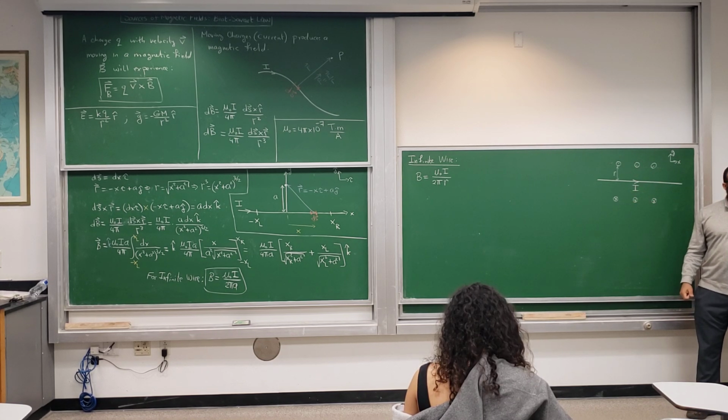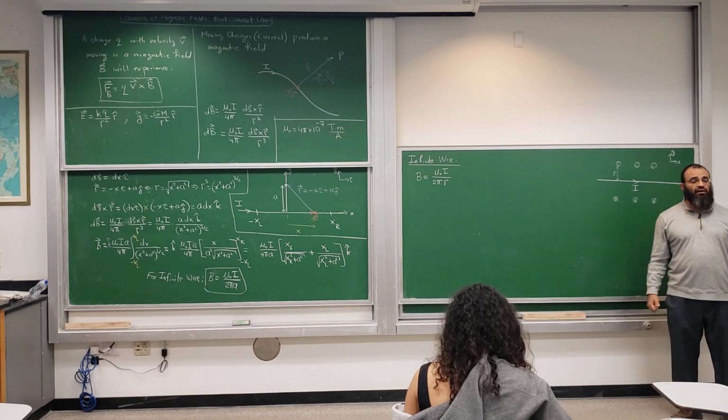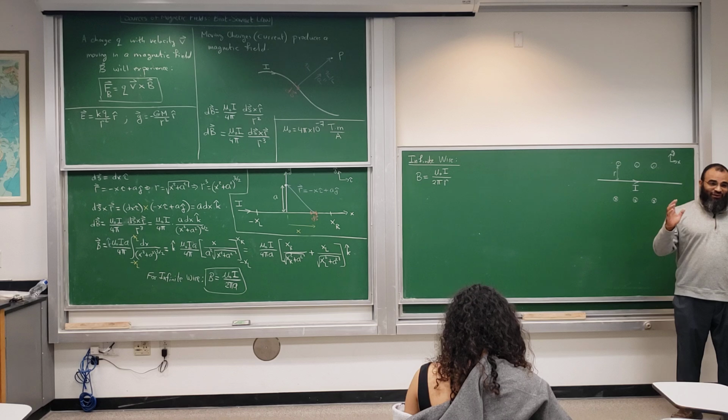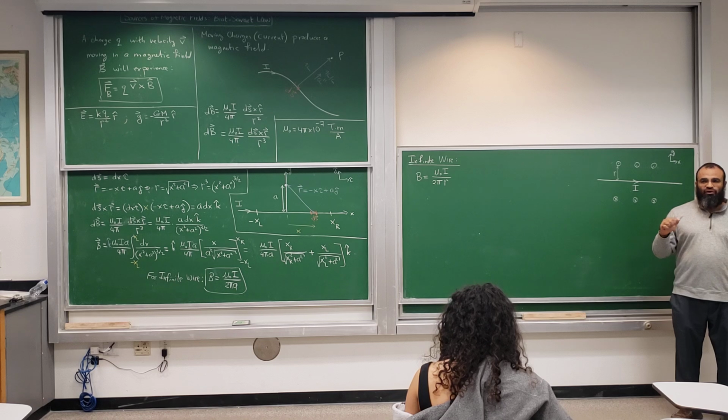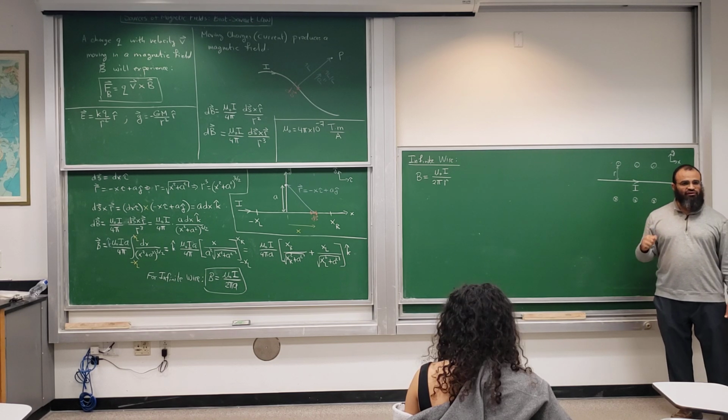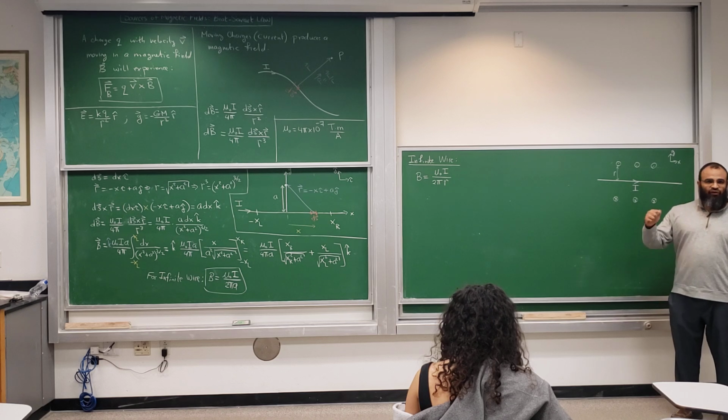So here's one way, there is another right-hand rule. There is the right-hand rule that you use to calculate cross products, but this one is how to use your right hand in order to figure out the direction of the magnetic field given the direction of the current. Take your thumb and align it with the current.